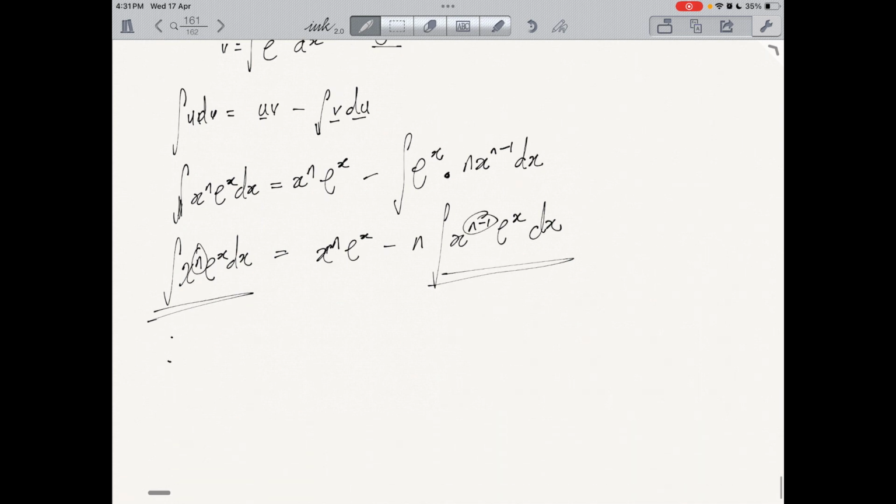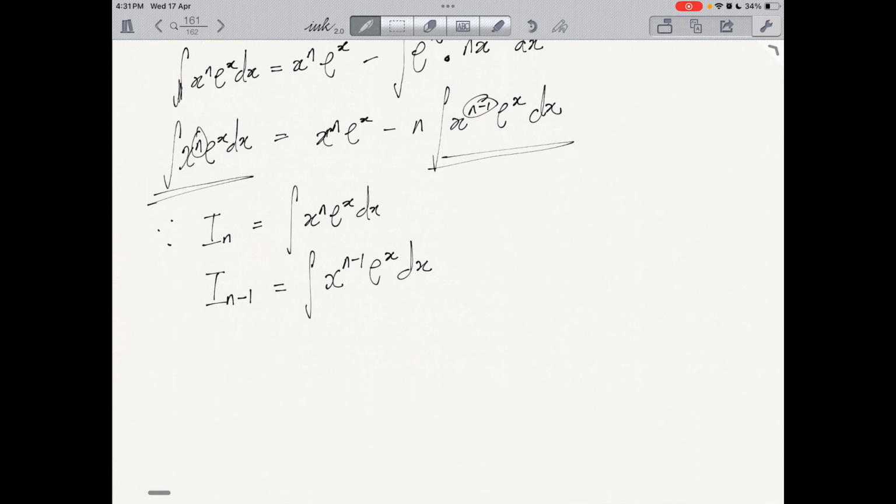So if we let In be equal to the integral of x raised to power n exponential x dx, therefore In minus 1 is equal to the integral of x raised to power n minus 1 exponential x dx.